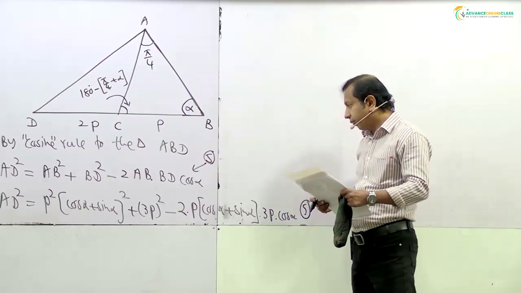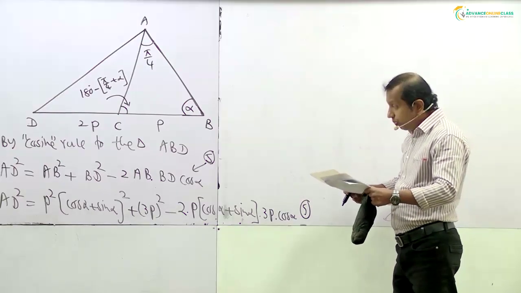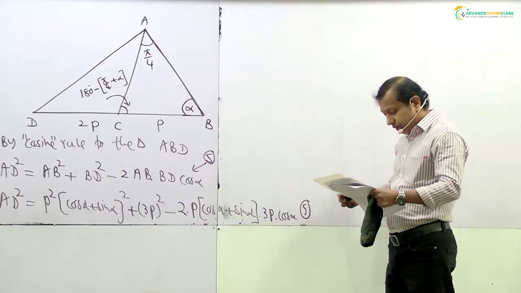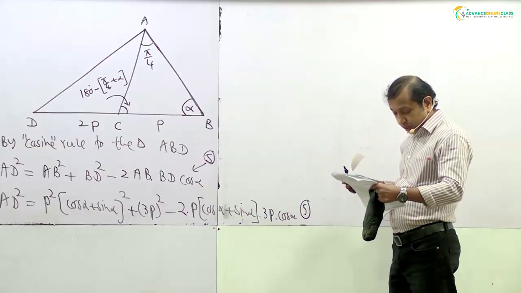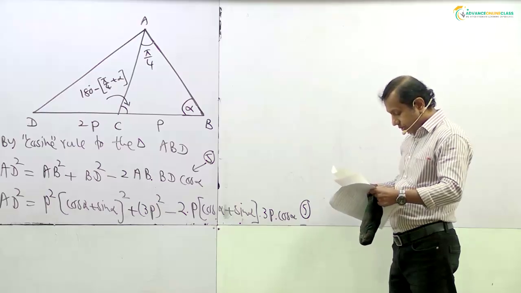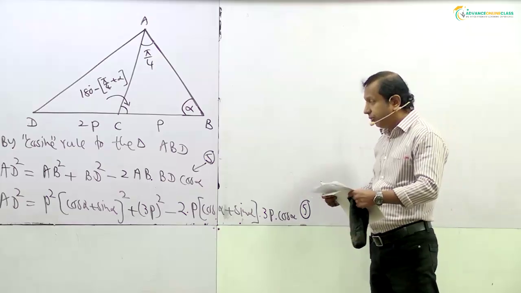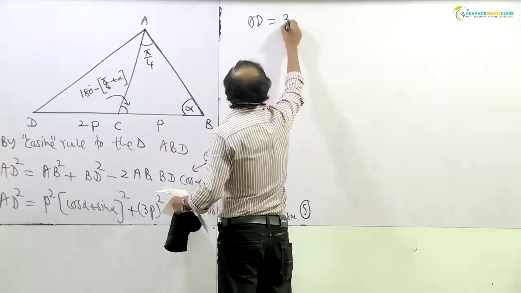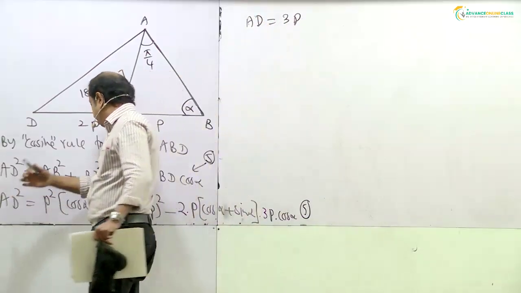Okay, no? Right. So in the marking, they did not expect the last simplified answer for AD squared. And then deduce that if AD equals 3P, alpha is tan inverse 5. Now, substitute for this AD, 3P. Put here 3P and simplify this.